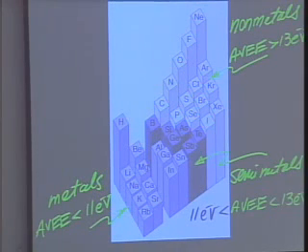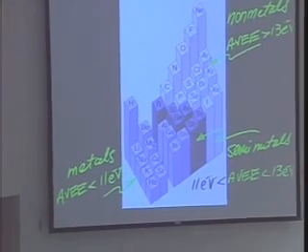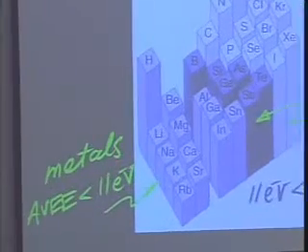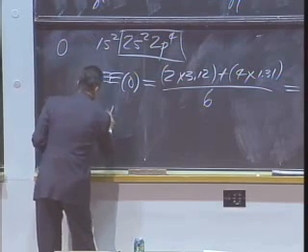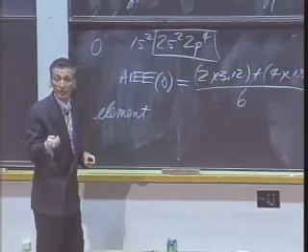And the values that it takes can be broken into three groups. Over here in the lower left corner, we have elements that, as a group, have very low values of average valence electron energy. These are elements that are good electron donors. They're good electron donors because the electrons aren't tightly bound.